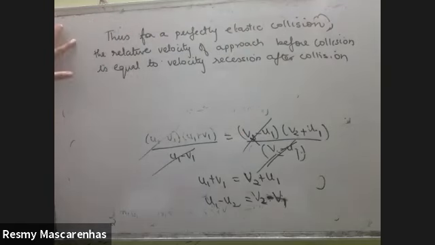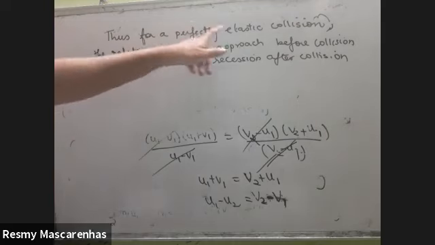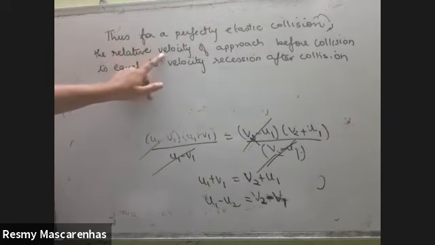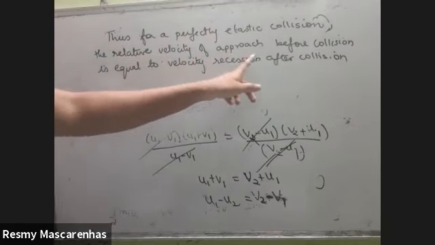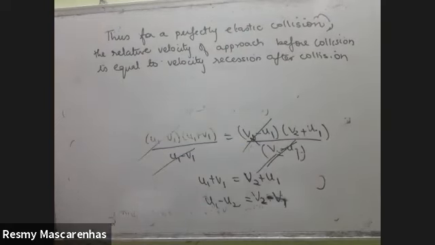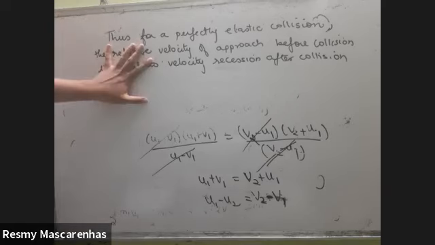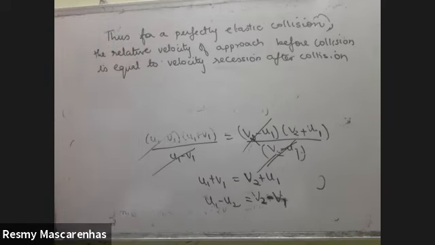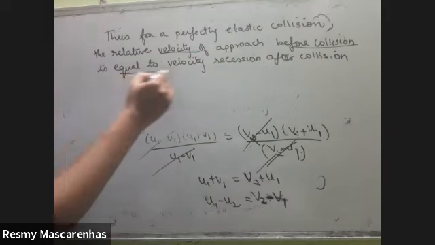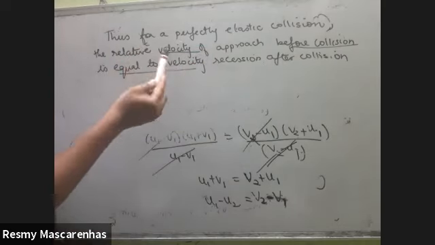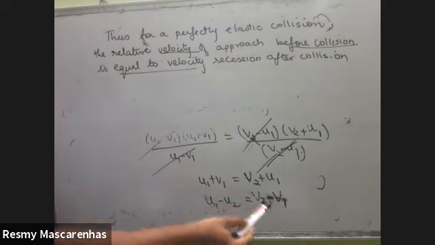You will be asked to prove that for a perfectly elastic collision, the relative velocity of approach before collision is equal to the velocity of recession after collision. Whatever comes in the question, you just copy it here. Worst case, if you forget it, at least remember that the change in velocity before collision is equal to the change in velocity after collision.